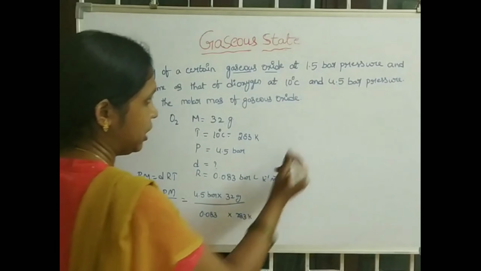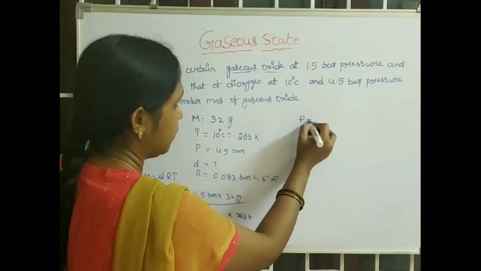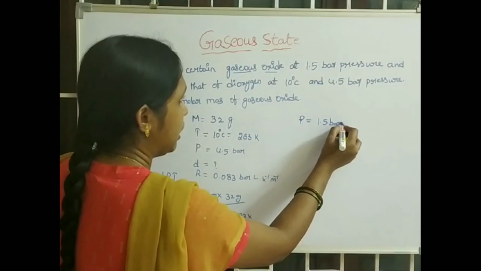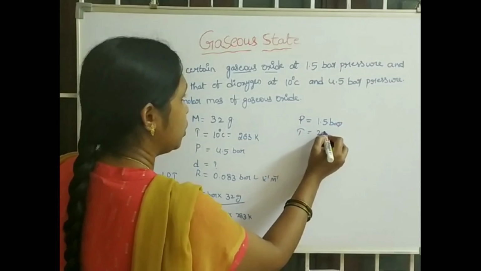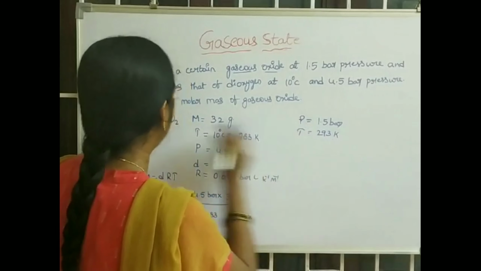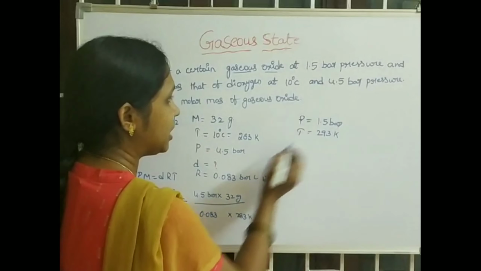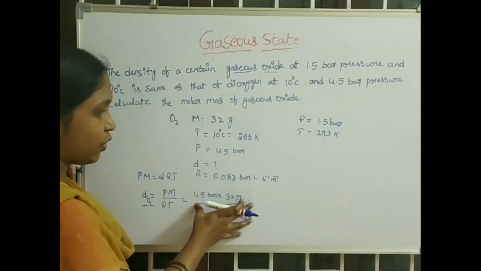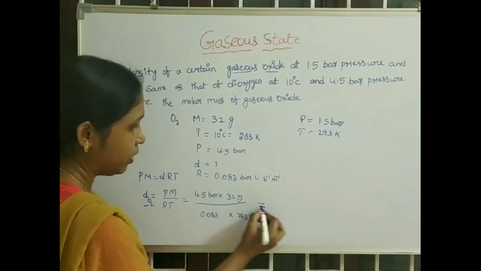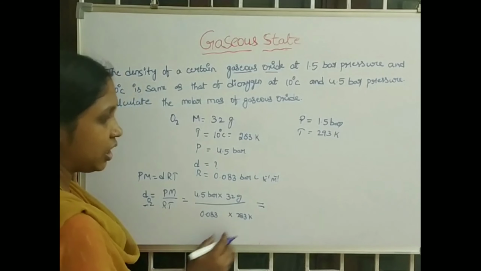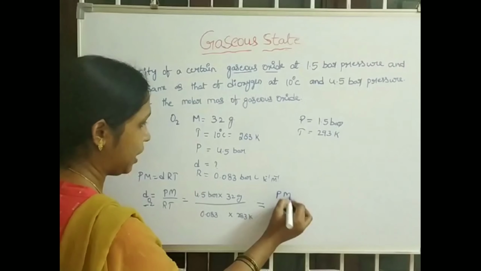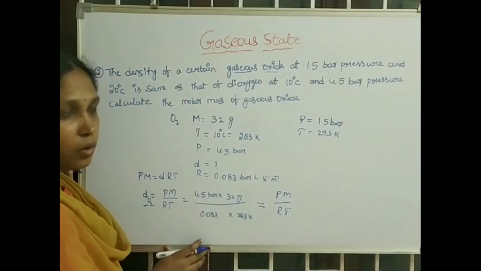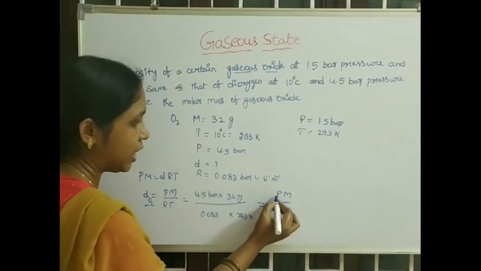So the pressure of the gaseous oxide is 1.5 bar and the temperature is 293 Kelvin. 20 degrees means 293 Kelvin. Here this is the density of the dioxygen, that equals PM by RT of the gaseous oxide.